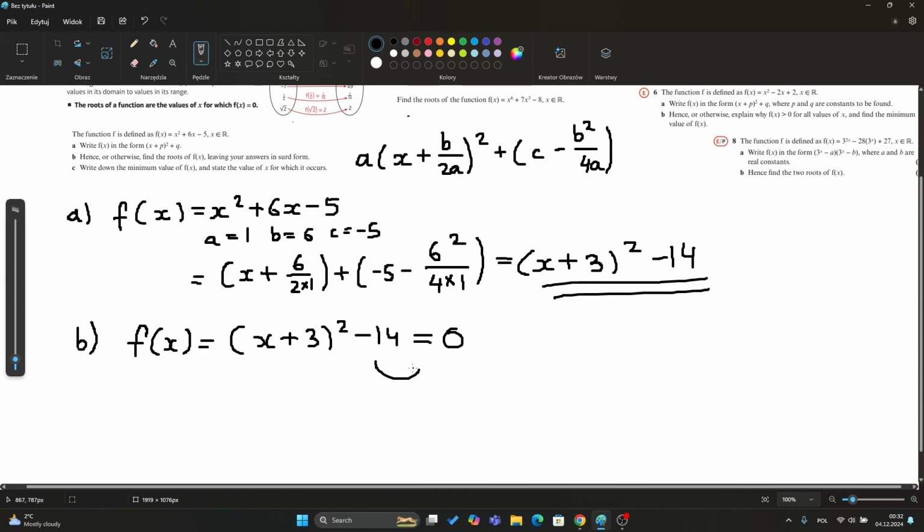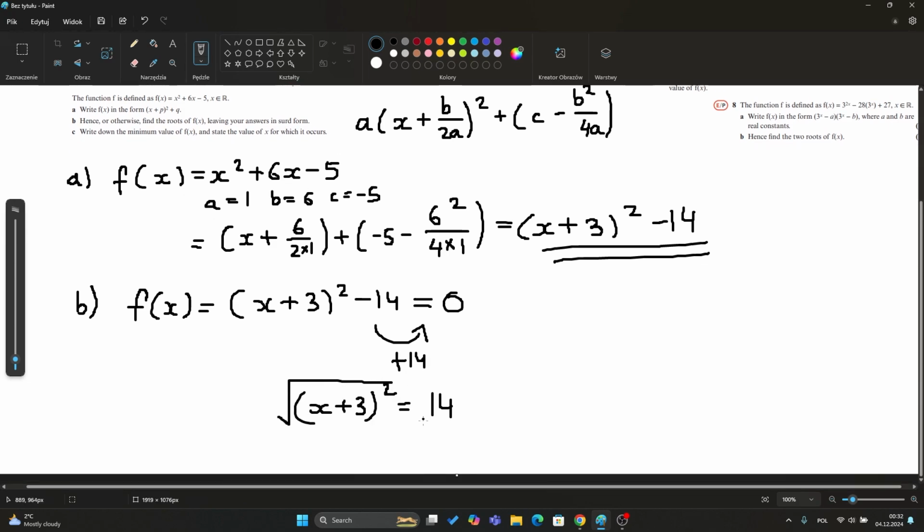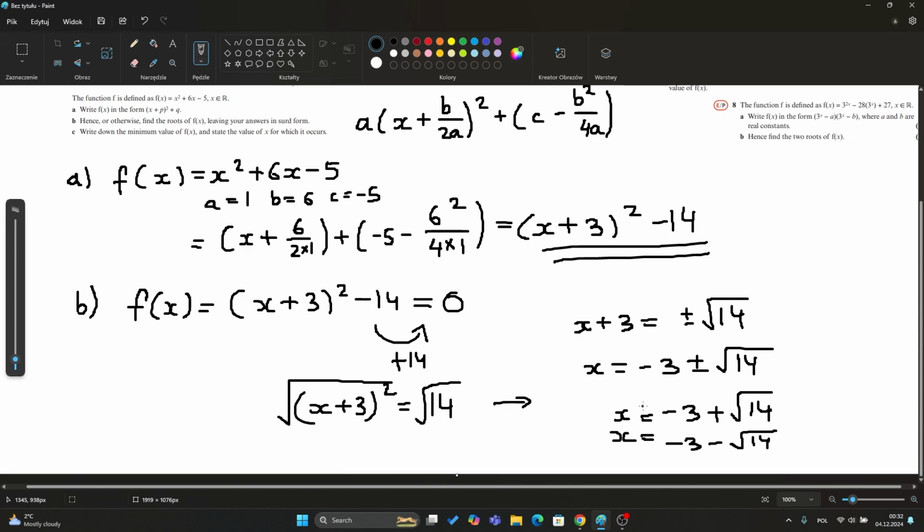So we can add 14, we can square root both sides, we can subtract the 3, and it tells us to leave it in surd form, so we leave it in surd form, and we have solved the equation for f of x.